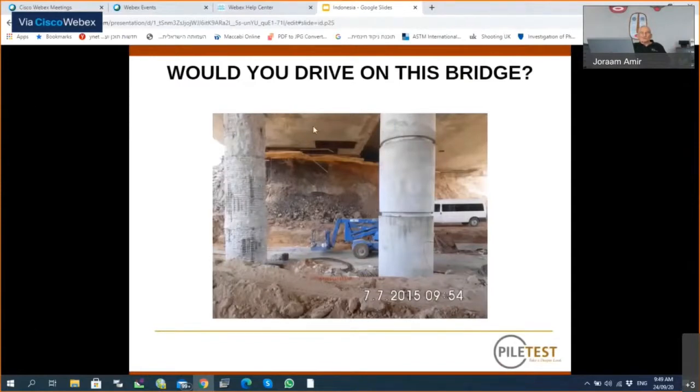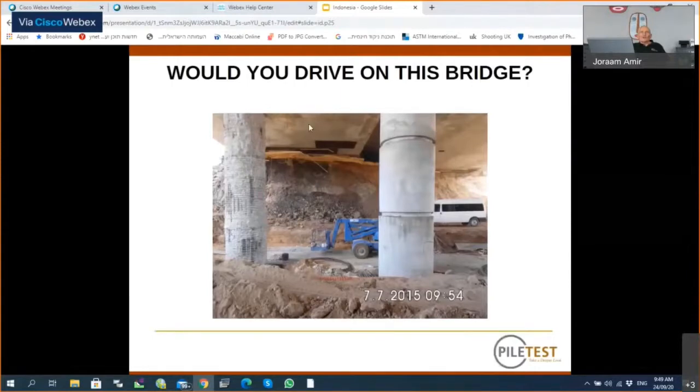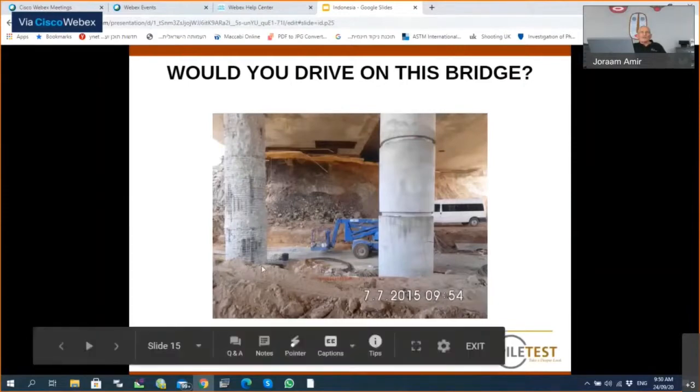This bridge was produced top down, which means the piles were first constructed, then the top concrete was poured over the piles, the pavement, and then excavated below. And only when they excavated below the pavement, we found that these piles, at least one of them, was of very poor quality.